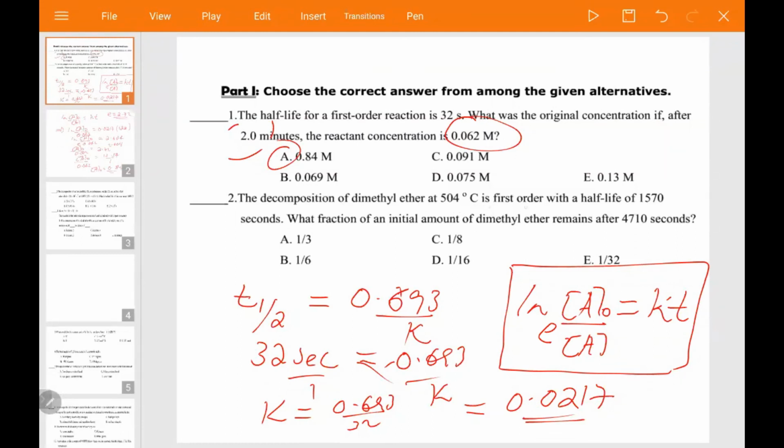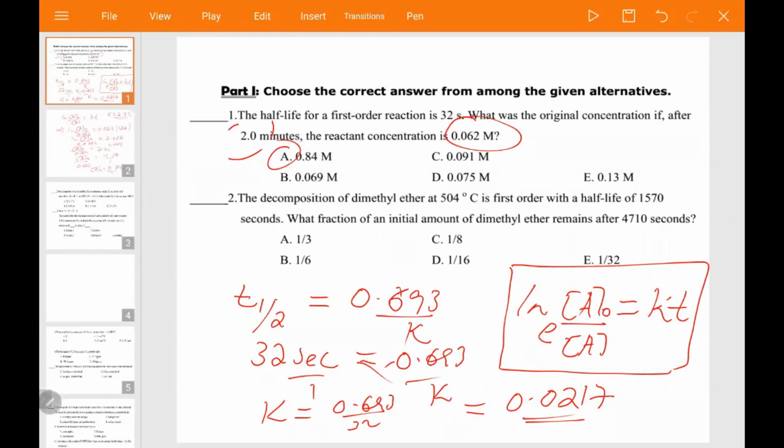Question number 2: the decomposition of dimethyl ether at 504 degrees Celsius is first order with a given half life. What fraction of an initial amount of dimethyl ether remains after 4710 seconds? What does it mean? First it is first order. What are the given quantities here?